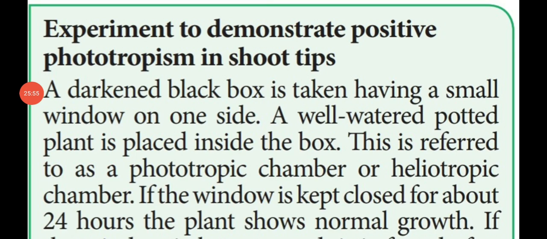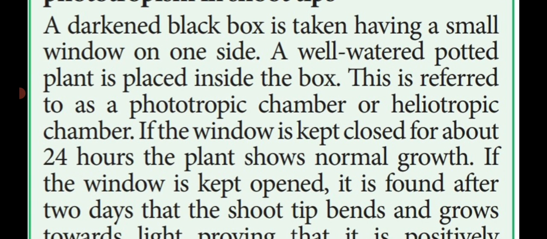Dear students, this is another experiment which proves positive phototropism. First one we have seen negative geotropism, isn't it? See, a darkened black box is taken having a small window on one side. A well-watered plant is placed inside the box. This is referred to as a phototropic chamber or heliotropic chamber.